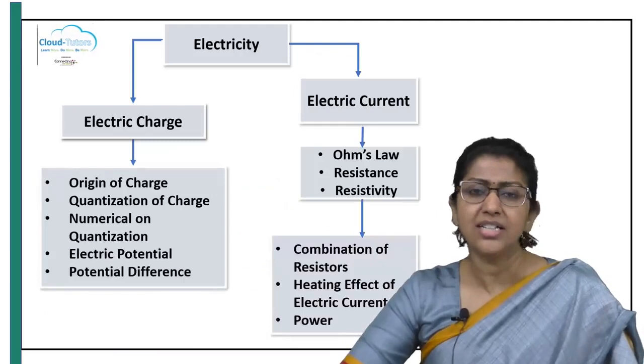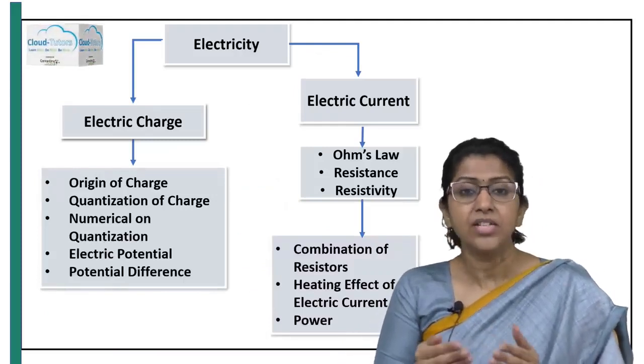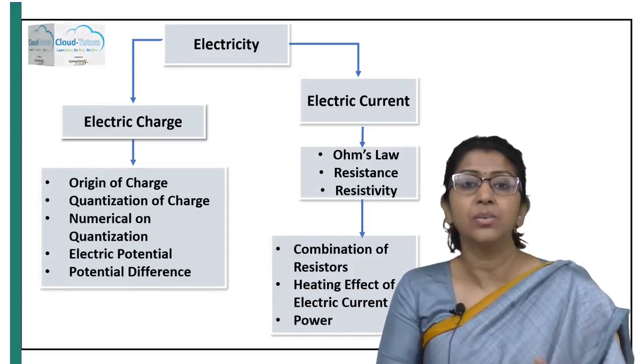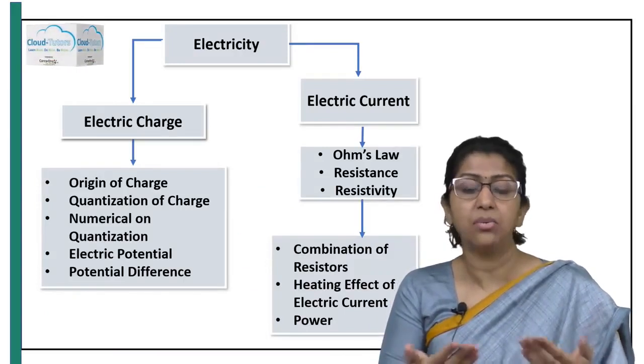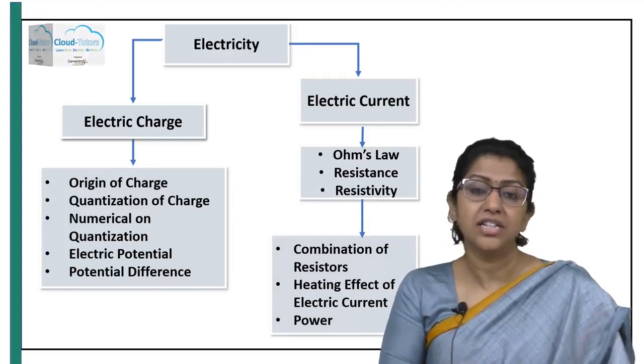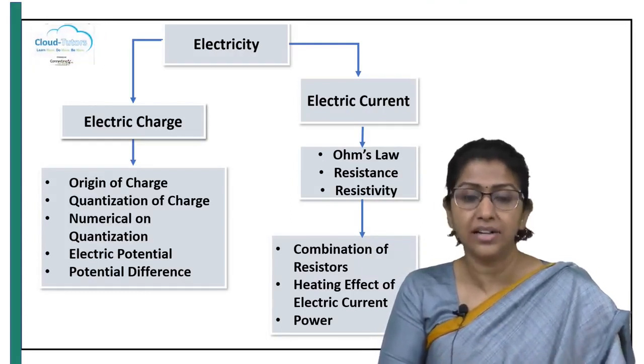So again, this is briefly what we have put up here. Electricity as a chapter can be divided into 2 sections, where you will learn what is electricity or what is electric current, which is again further split into electric charges and different topics related to it.